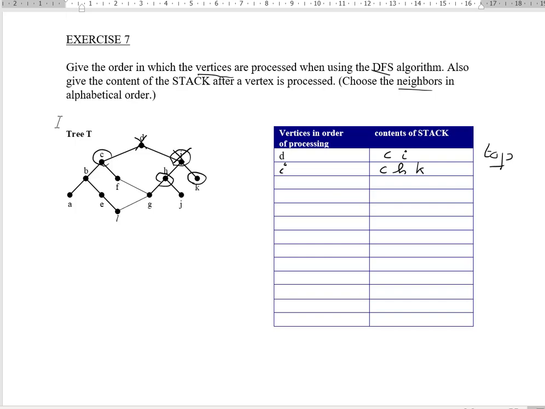Okay, lovely. Then we take off K, because that's on the top of the stack, and it doesn't have any neighbors, so nothing is added.